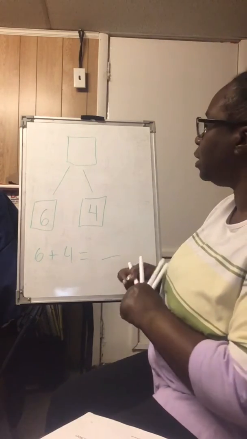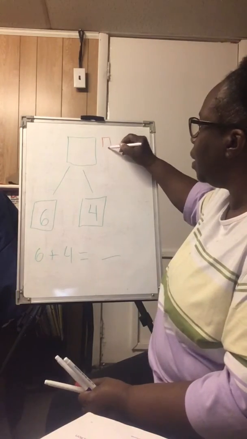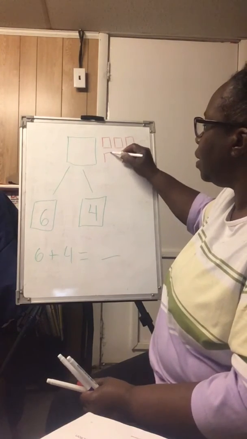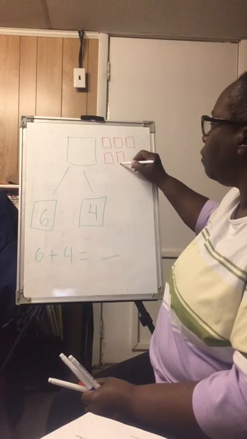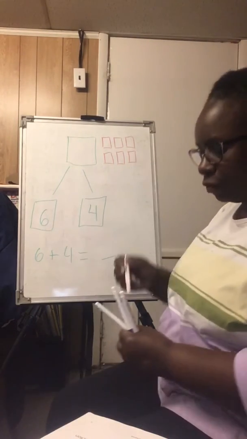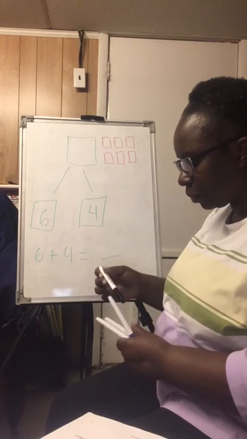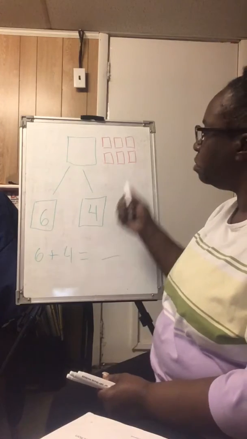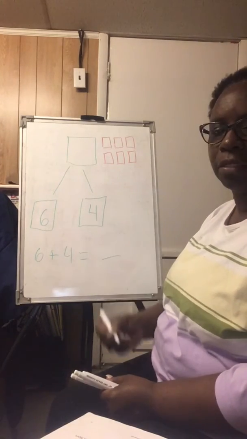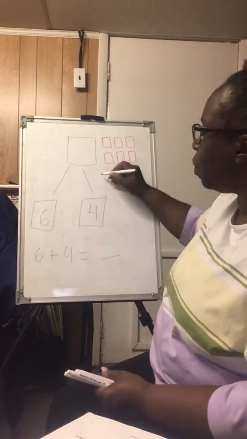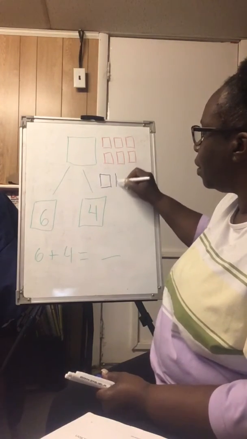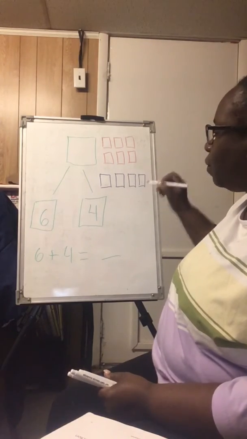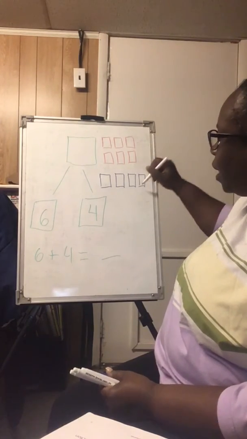Let's draw 6 blocks. 1, 2, 3, 4, 5, 6 red blocks. Let's change colors. Got 6 red blocks. How many blue blocks you think I'm going to need? Right, 4. 1, 2, 3, 4. So we have our 6 and our 4.